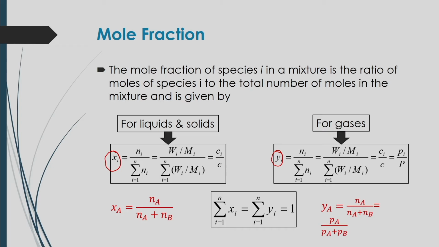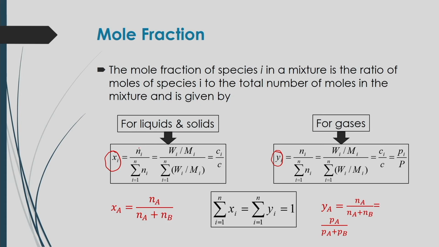So, this is in general how it should be represented. xi, the mole fraction of species i, is equal to the moles of that individual species upon the total moles of the mixture.